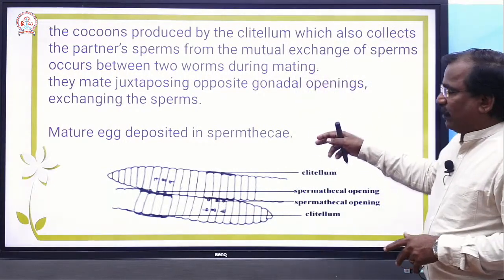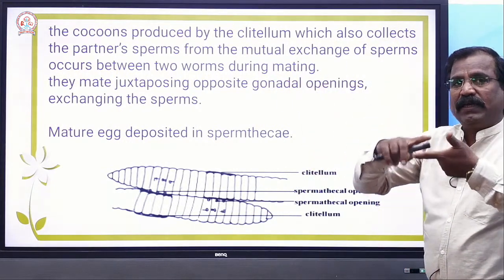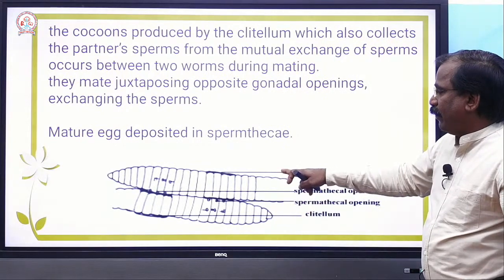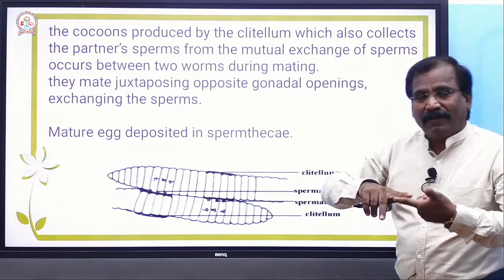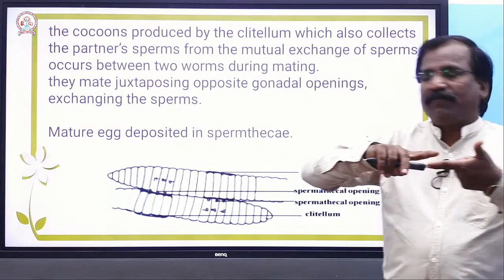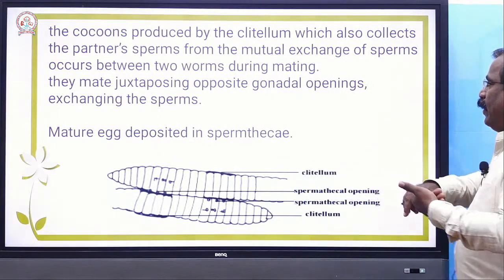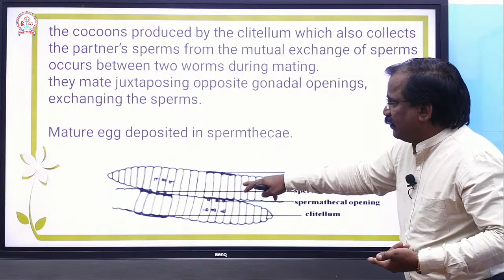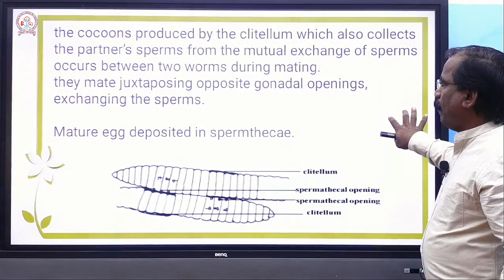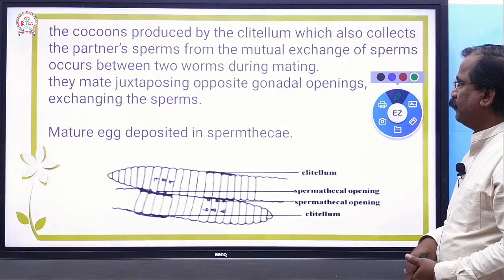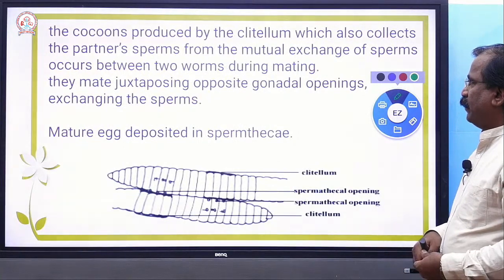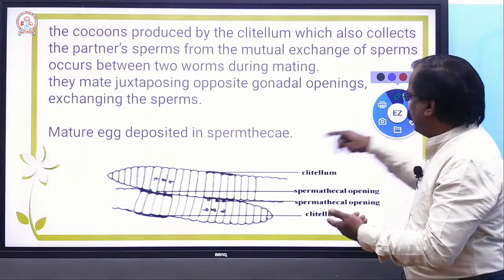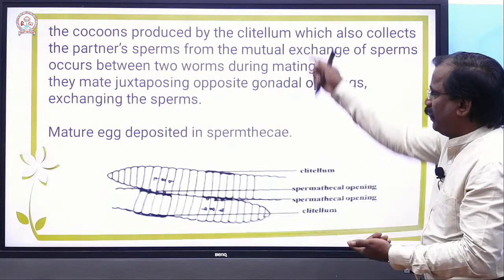Listen. At the time of reproduction, the two earthworms come closer and are arranged like this, where mutual exchange of sperm takes place.